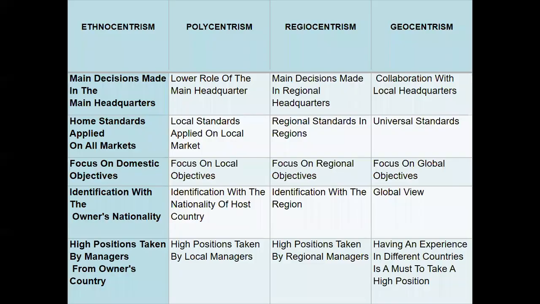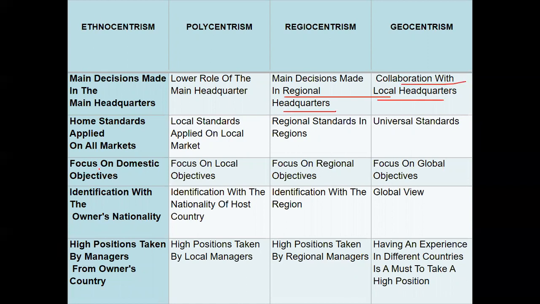What we have next, just to make it easier for you, is ethnocentric, polycentric, regiocentric, and geocentric. By whom the decisions are made: in ethnocentric, headquarters. Here the lower role is played by the headquarters. Here the decision is made with respect to the regional headquarters, and here it is in collaboration with the local headquarters.